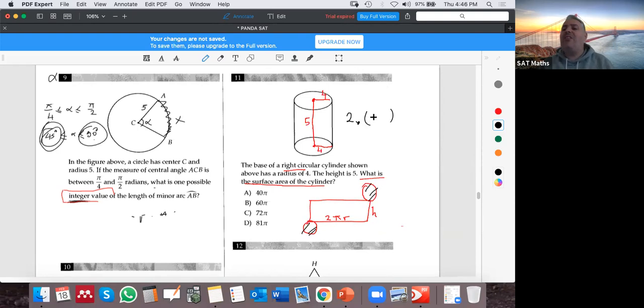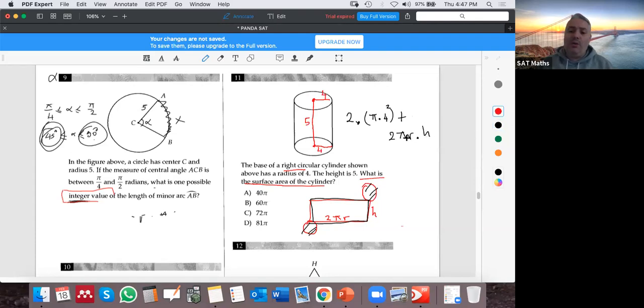And what is the area of a circle? Pi times r squared. What is r? 4. So it will be 4 squared. Someone has questions. Just wait a bit. Let me finish. Plus, now what about this? This is now a rectangle. So what is the area of a rectangle? 2 pi r times h.